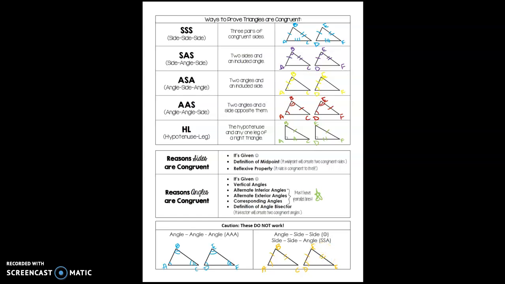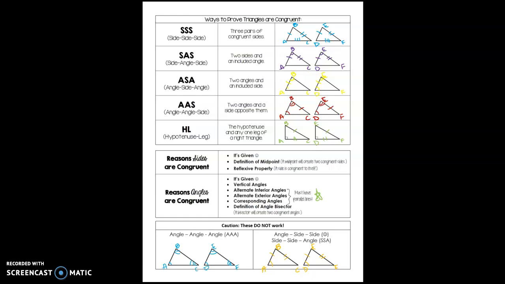This also does not work because we don't know anything about that third side length or the other two angles. So maybe two angles could be the same, but we don't really have enough information to know for sure.